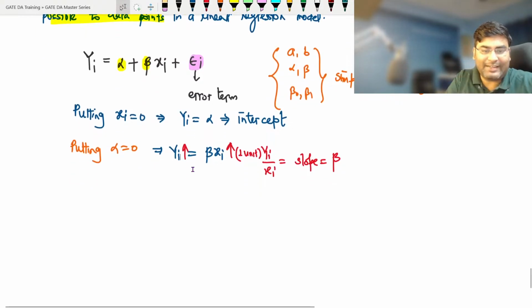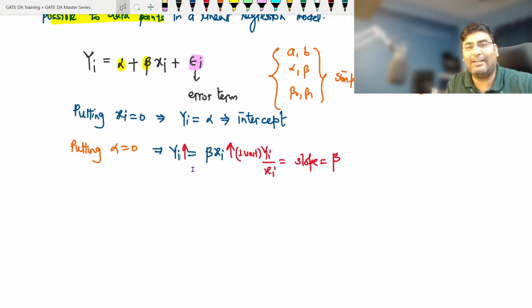If it is directly related, increasing xi by 1 unit, your yi will increase by 1 into beta, that is beta units. So it will increase by that beta.